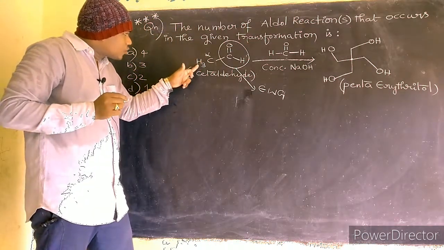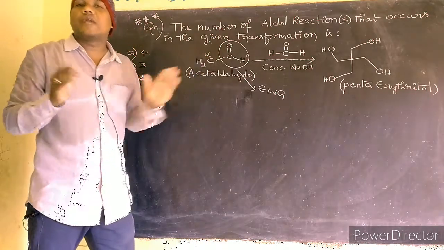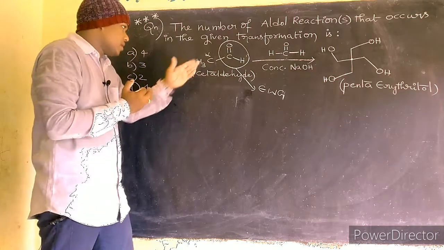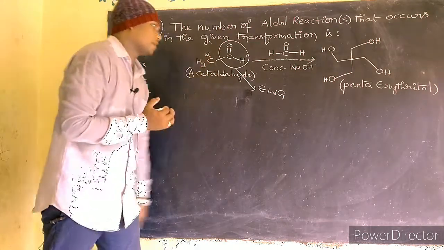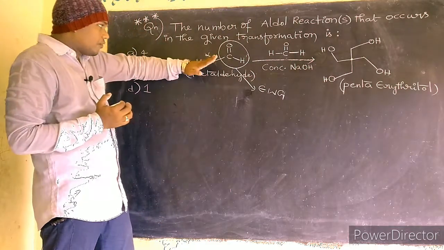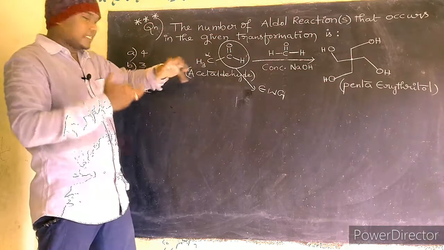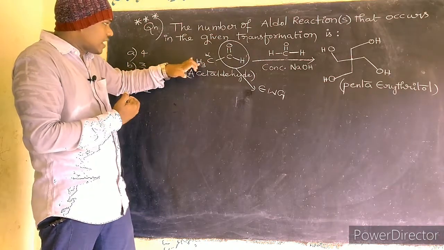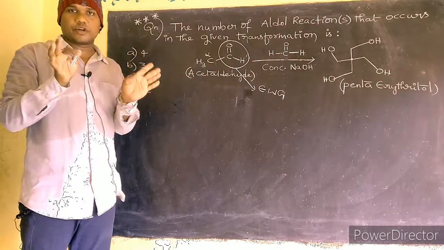The hydrogens attached to this carbon are called alpha hydrogens. We know that alpha hydrogens are more acidic in nature. So I observed that these hydrogens are more acidic in nature. Okay, so the first condition is observed.